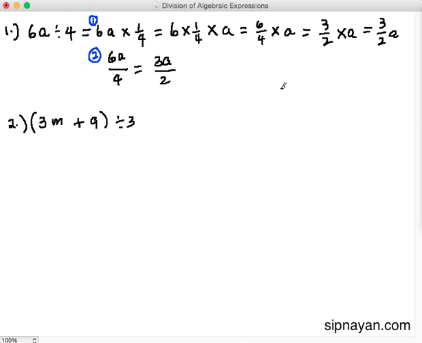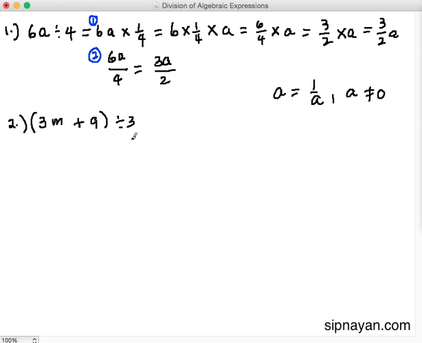Ang reciprocal pala ng a is 1/a, no? Of course, a is not equal to 0 kasi hindi naman tayo pwedeng mag-divide by 0. So, any number. Kaya yung sabi natin kanina, yung reciprocal ng 4 ay 1/4, ang reciprocal ng 3 ay 1/3.